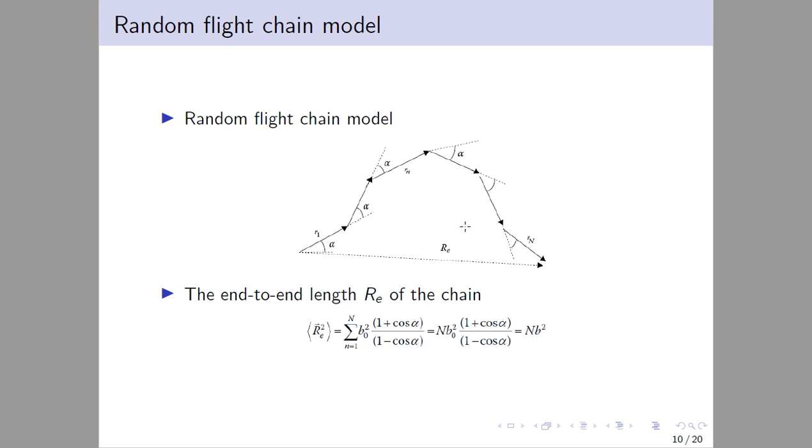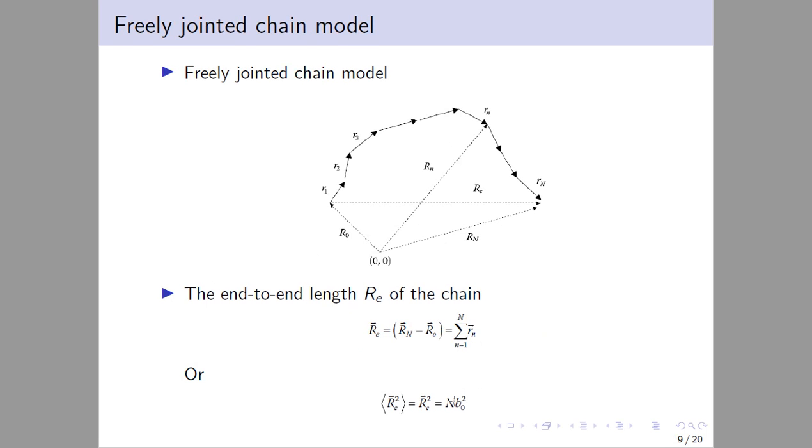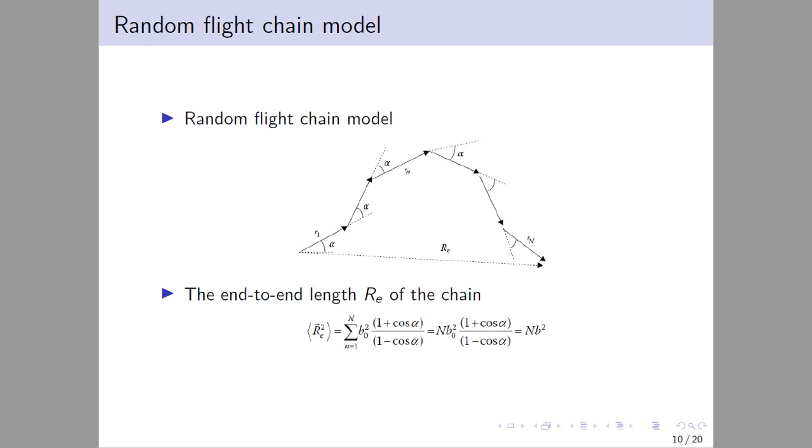So then the end-to-end, the initial C to the final C, is equal to this equation. Okay, so we can try to prove this. We have n b. Again, if alpha equals 0, then it becomes again n b naught squared.